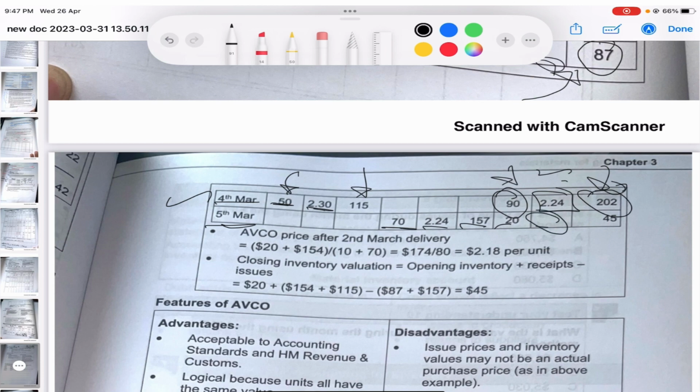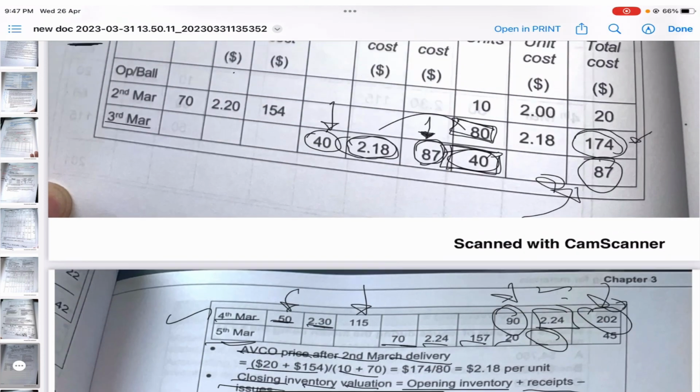I'll tell you. Okay, now how do we find average price after 2nd March delivery? This is what we have been discussing. Closing inventory valuation: opening inventory plus receipt minus issues. So opening inventory is my 20.